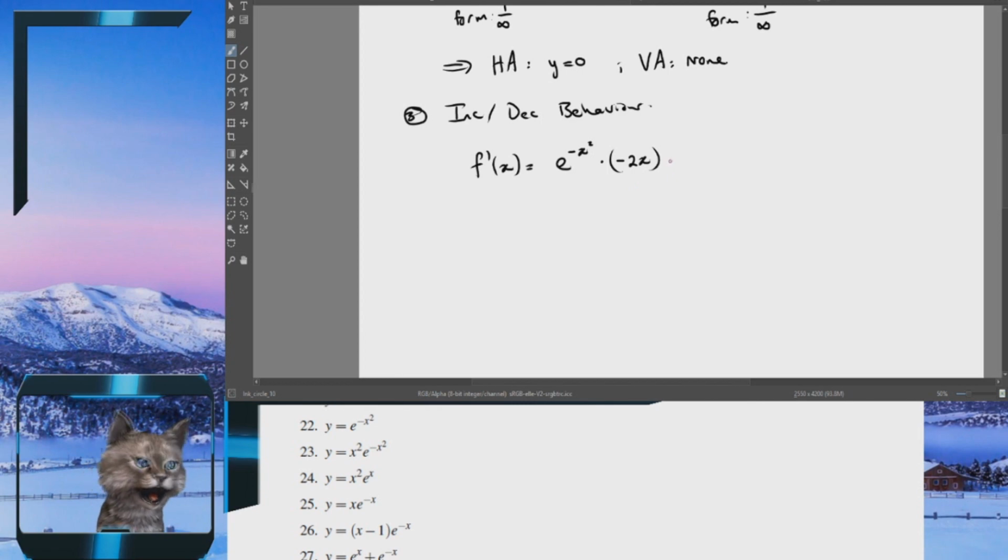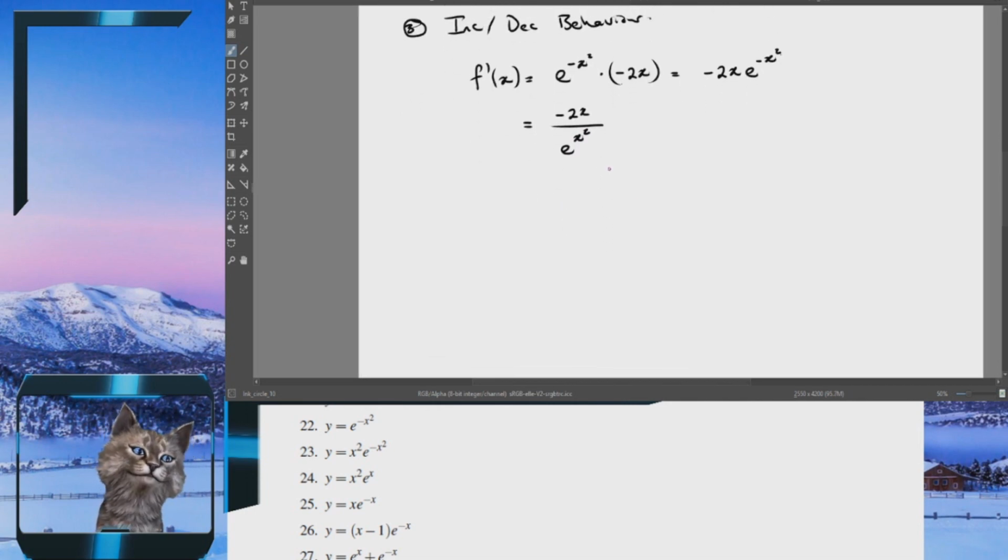And then I can clean it up and put the negative 2x in front maybe. That looks kind of nice. Like so. Now again, I see I have a negative exponent, so it might be useful for what's coming up to see it in its fraction form. Not necessary, but it's helpful sometimes.